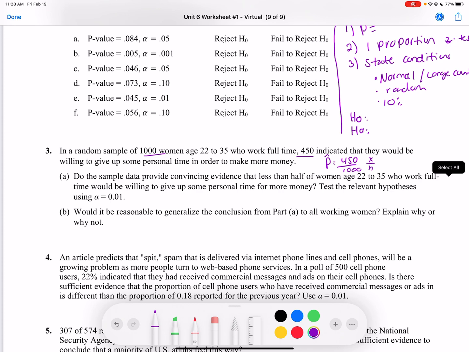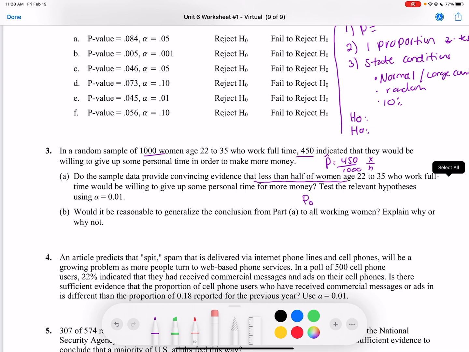It says, does the sample data provide convincing evidence that less than half of the women, age 22 to 35, who worked full-time, would be willing to give up some personal time? That tells me what my p naught is, which tells me what my null and alternative hypotheses are going to be set equal to.